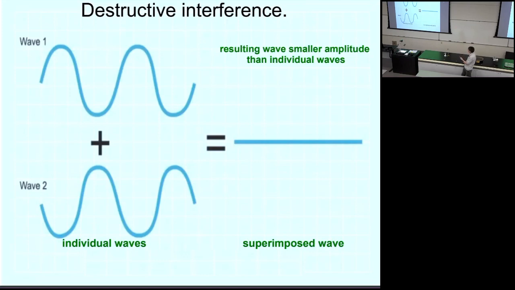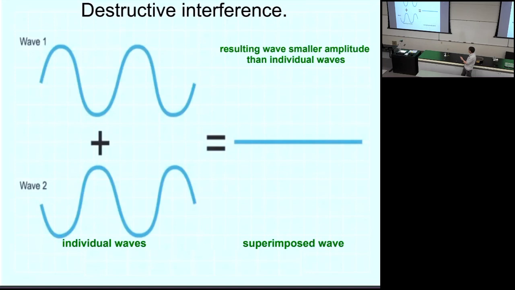In fact, these two waves here combine together to basically destroy one another. So what's happening here, this crest on wave number one combines with this trough on wave number two. The crest and the trough cancel one another out to make this flat region here.